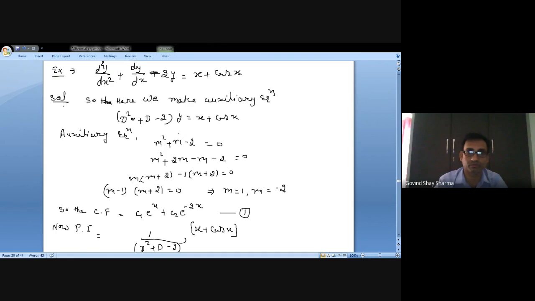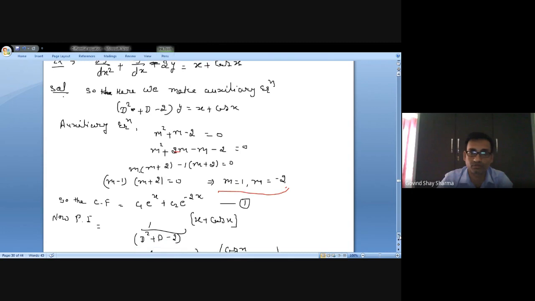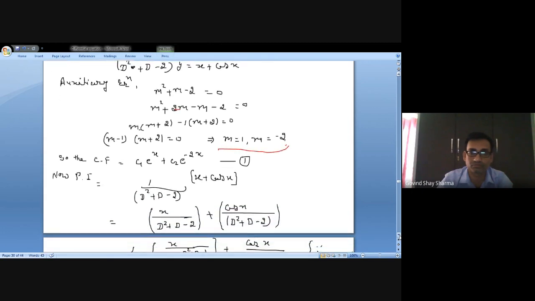So here we find the factors. These are the factors. Now, what is the answer here? CF becomes C1 e to power x plus C2 e to power minus 2x. This is called the CF.